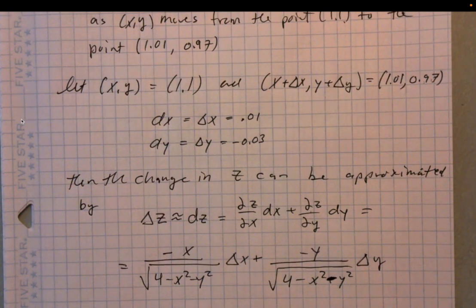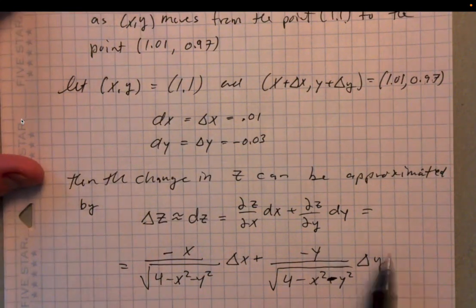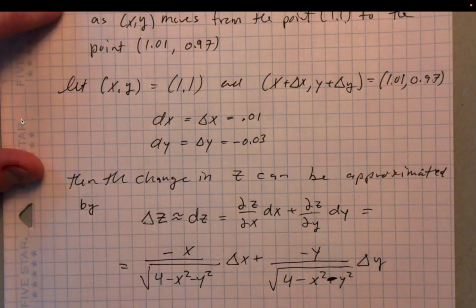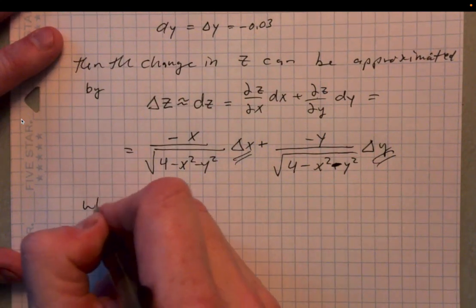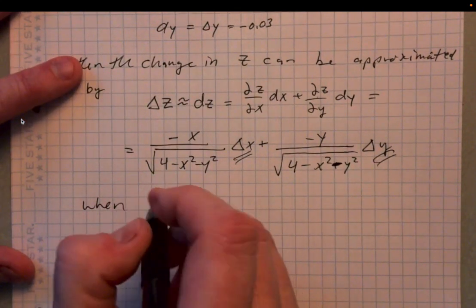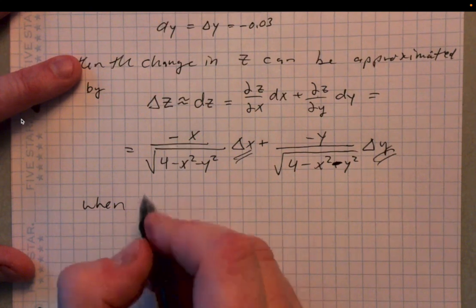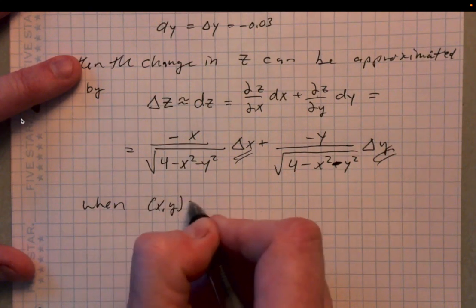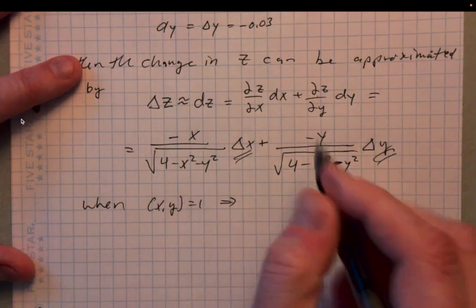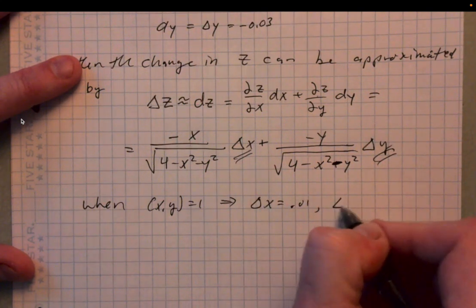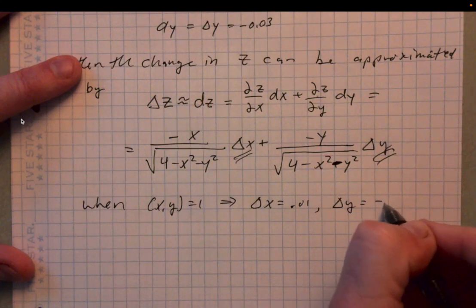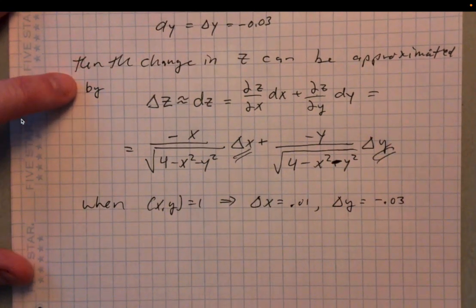Then you can evaluate this by plugging in these quantities and the x and y values. You can approximate this increment. When x and y are equal to 1, delta x is 0.01 and delta y is negative 0.03.